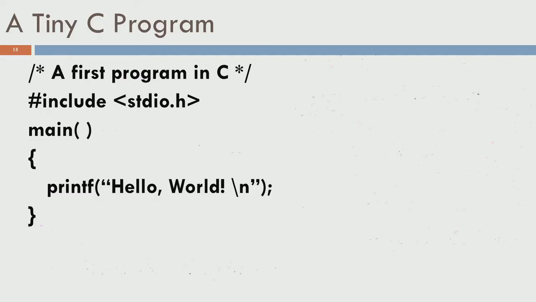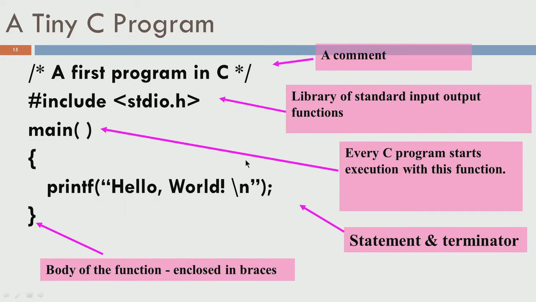So, let us break down what this program is about. As I mentioned, the first line is just a comment, it is for us to understand, it does not really result in anything that is executable. So, the program has it, but the machine code will not have these comments. It is not an instruction for the CPU to do anything, it is just for us to understand.